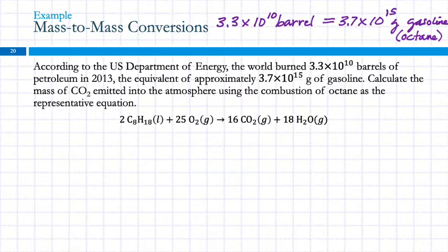So that's telling me how many grams of octane I have. I like to use the balanced chemical equation to help me organize the numbers that are given to me. So octane is this guy right here. I'm going to write the mass I was given under that formula: 3.7 times 10 to the 15 grams of that.